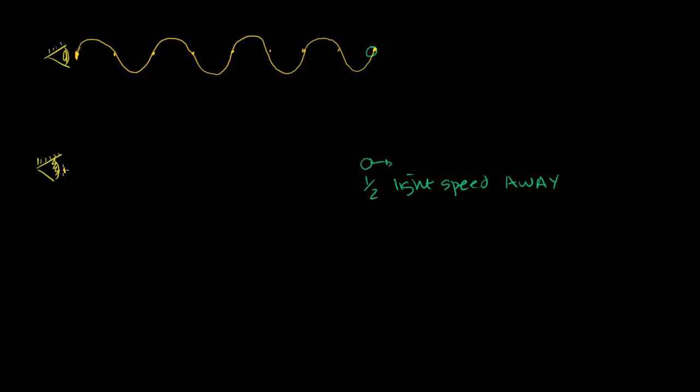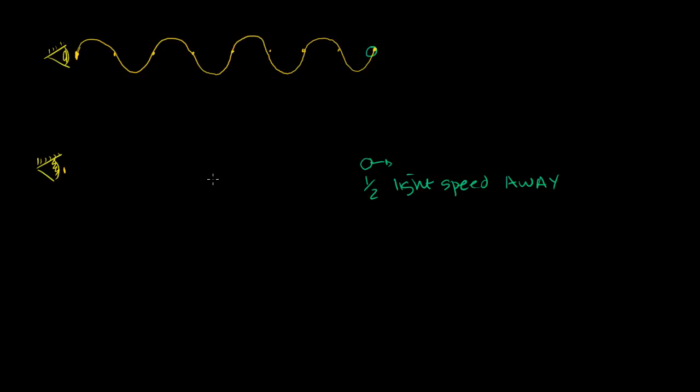The light will still travel to me at the speed of light. And it's very unintuitive, because in our everyday sense, if I'm moving away from you at half the speed of a bullet and I shoot a bullet, half of its velocity will be subtracted, and it'll only move towards me at half of its normal velocity relative to whether it was stationary. But not the case with light.